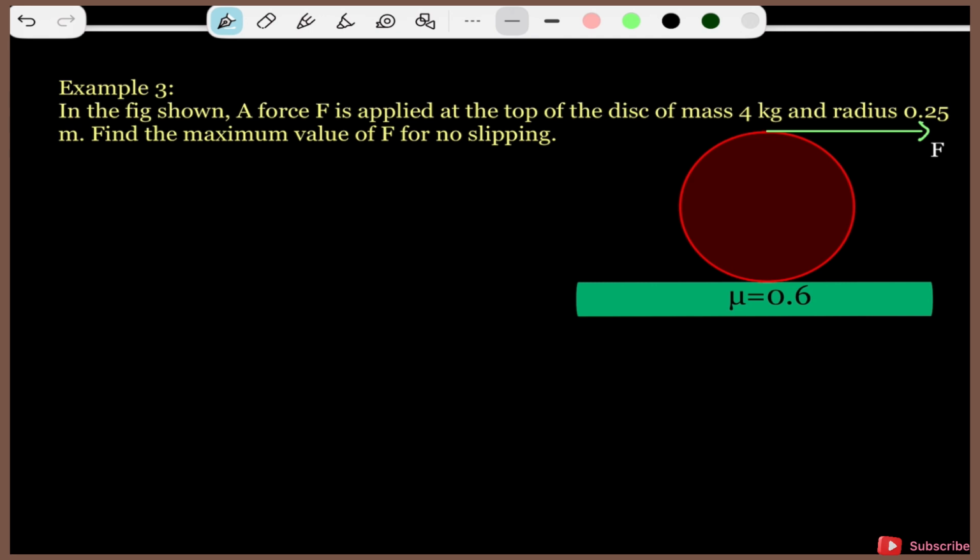So mu is given, so it clearly hints that the friction is acting somewhere here.